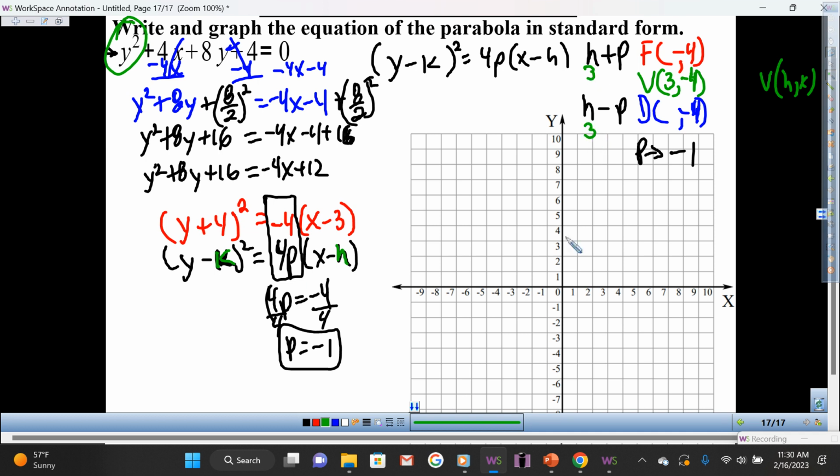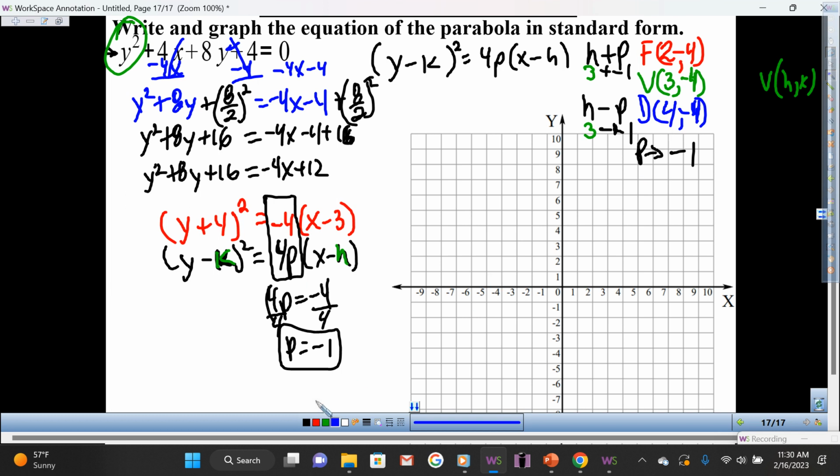Okay. So 3 plus, what's p? -1. So what is the x for the focus? 2. Okay, that is correct. How about down here? 3 minus, what was p? -1. What is negative times a negative? Positive. So for the other one is 4.